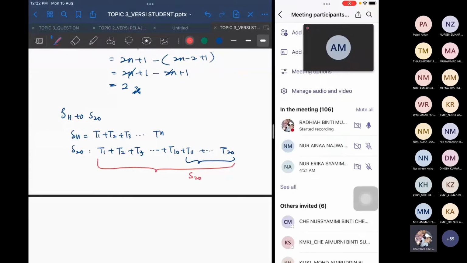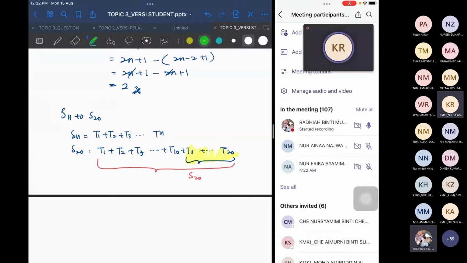Okay, so sekarang ni macam mana kita nak dapatkan nilai yang warna blue ni? S20 tolak berapa? S20 tolak 11. Anda yakin? 11 tu kita nak. So kita kena tolak dengan yang kita tak mau lah.